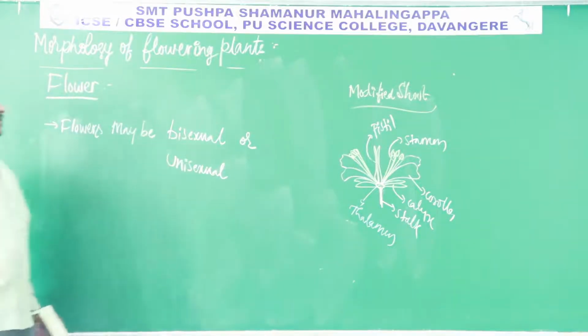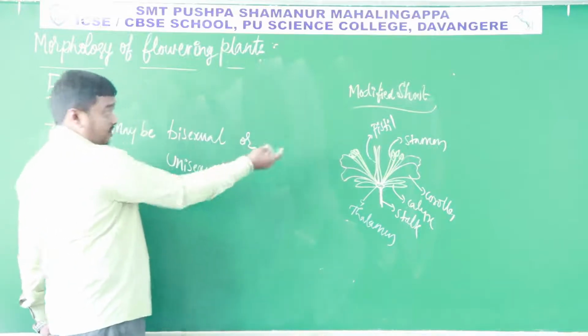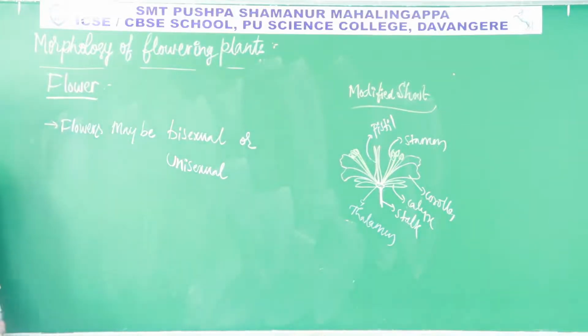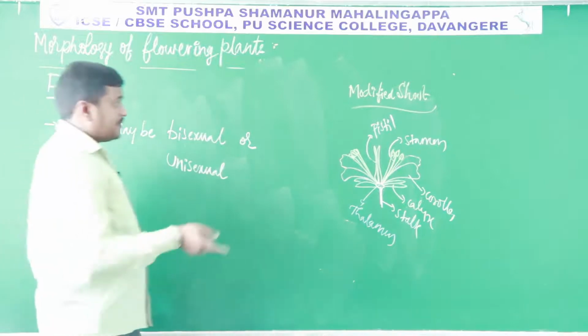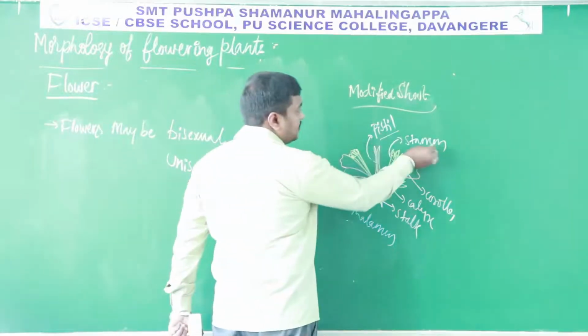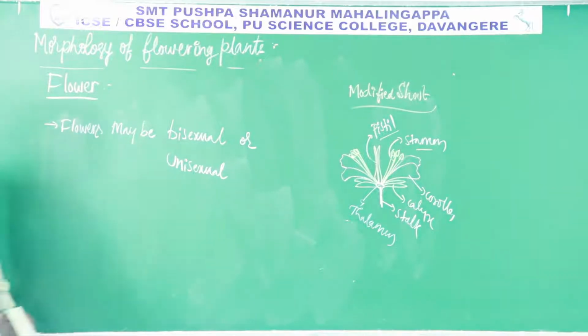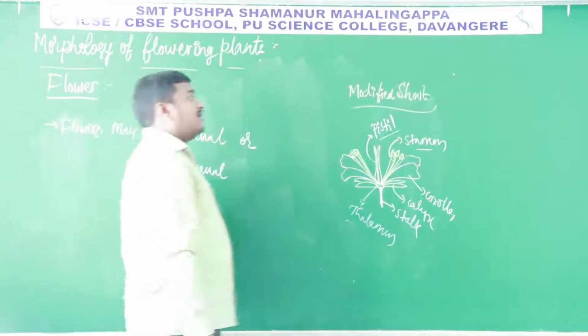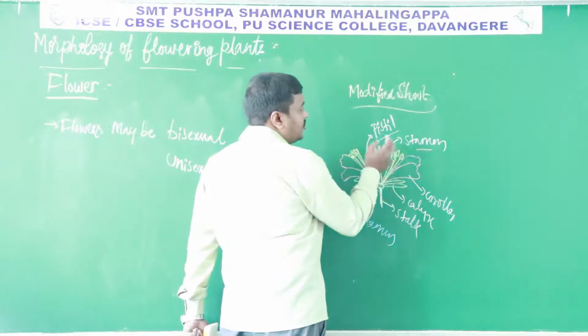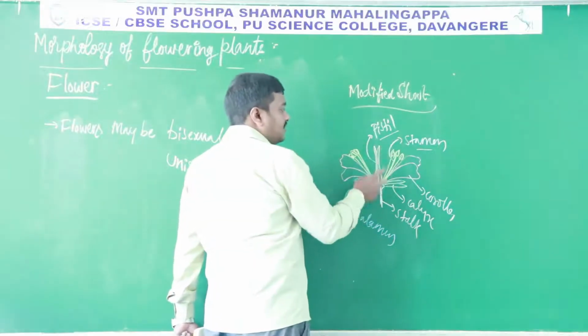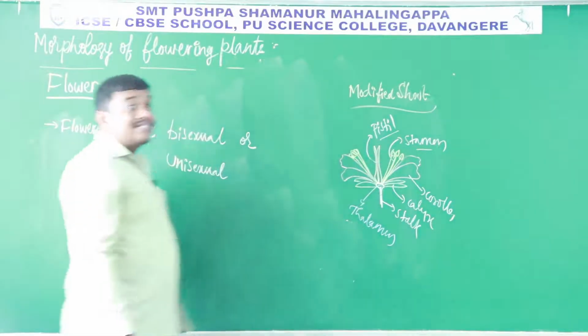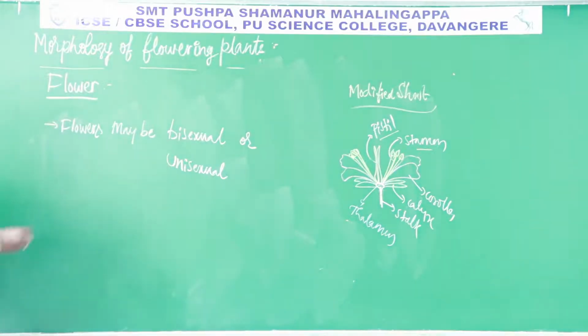Okay, there are two sexual organs, a pistil and stamens. If both pistil and stamens are present on the same flower, it is bisexual flower. Similarly, unisexual flowers are also there, where a single flower consists of only stamen and sometimes the flowers consist of only pistil. Such type of flowers are unisexual.